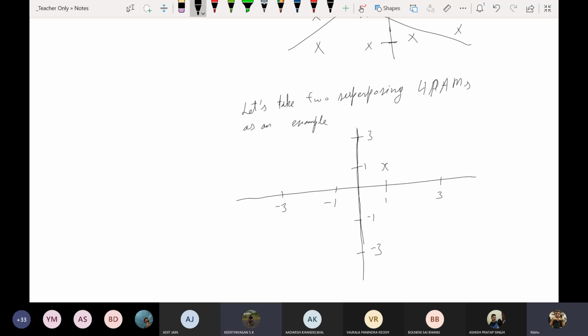This is another value it can take. These are the 16 values it can take.